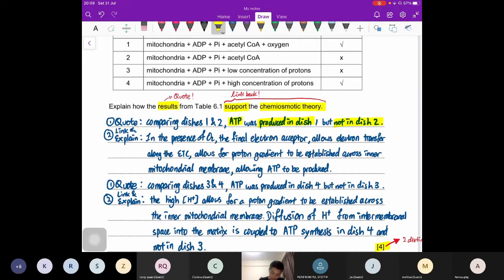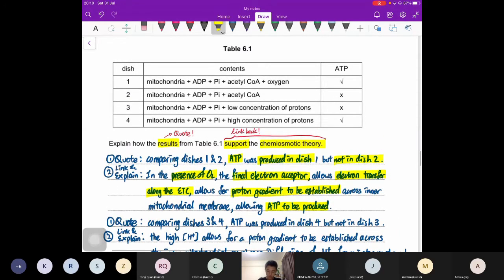So I say that in the presence of oxygen, oxygen is the final electron acceptor, electron transfer along the ETC is allowed. Okay, proton gradient can be established, ATP can be produced. Okay, so I took 1 and 2, and the only difference between 1 and 2 is that oxygen is present in 1, oxygen is not present in 2.